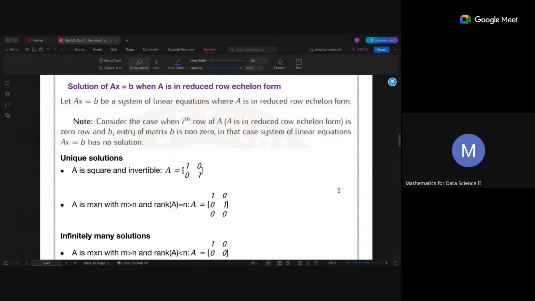For an m by n matrix, if m is greater than n and rank of A is strictly less than n, then it has infinitely many solutions. This is only for a homogeneous system, not for a non-homogeneous system.